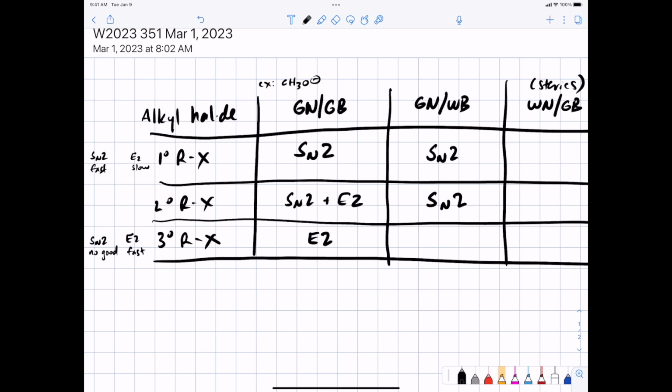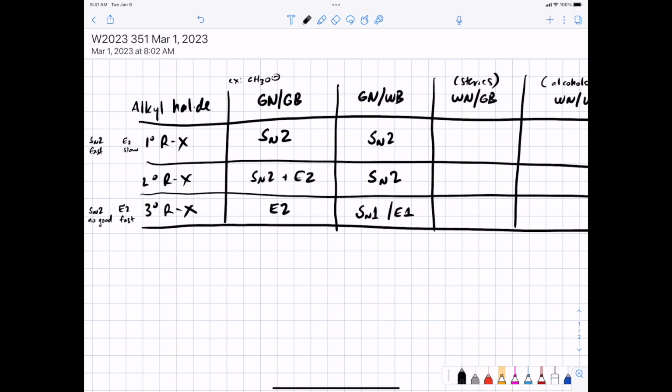For the tertiary alkyl halide, you're still stuck. Good nucleophile can't attack a tertiary alpha carbon because sterics. So you have to wait for the leaving group to leave, and at that point, you have the SN1 and E1 mechanisms. All right?